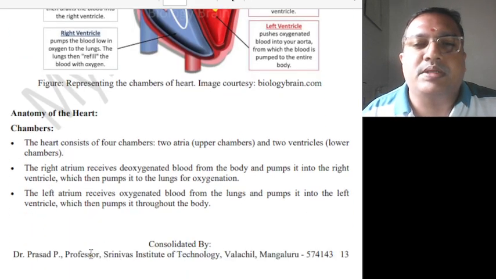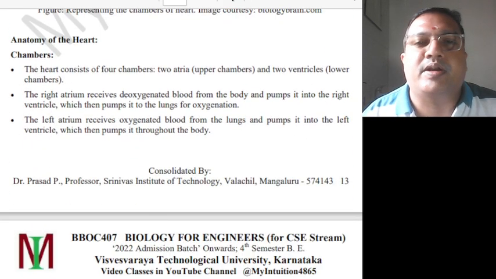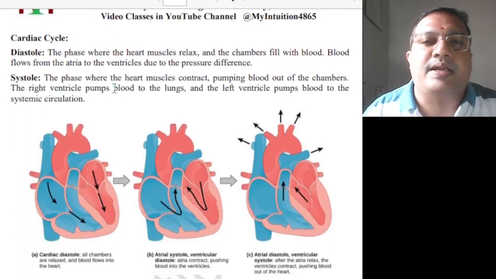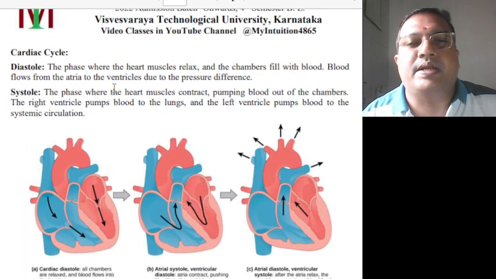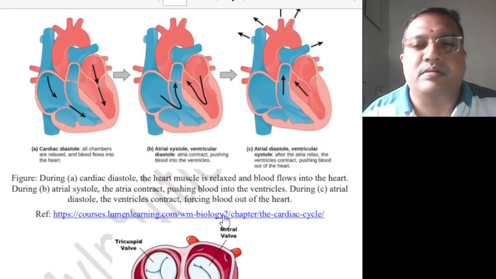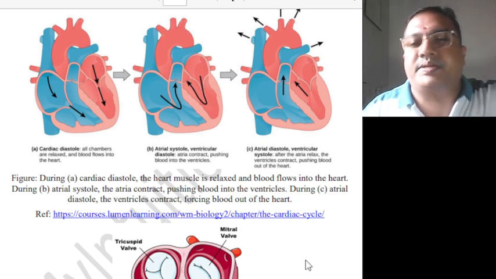Okay, now the chambers which I explained, the same thing, the anatomy of the heart, different chambers are there. The cardiac cycle, diastole and systole, I have seen a very good representation in this particular link or website.